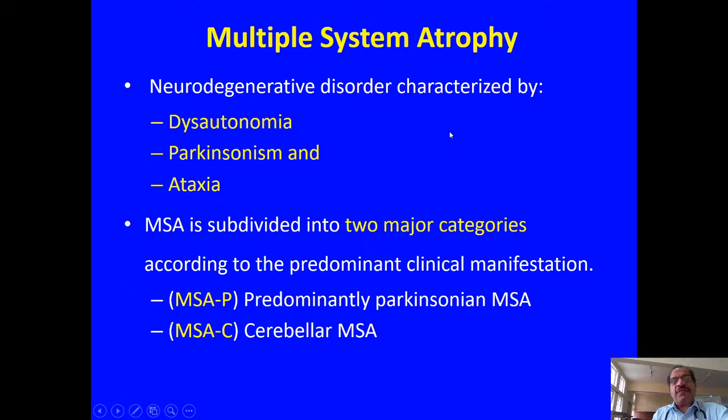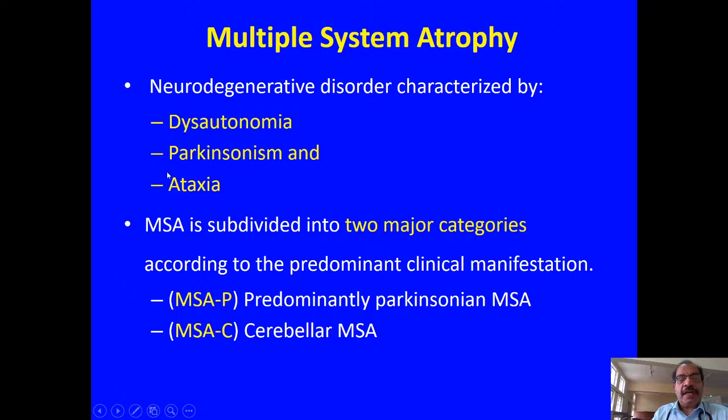It is not because of some infection or inflammation or vascular problem. So the usual feature of multiple system atrophy, or MSA, is dysfunction of the autonomic system. So the various manifestations will come. As I mentioned, it may affect the gastrointestinal tract, urinary bladder, sexual functions, or blood pressure, etc. And other features will be Parkinsonism, which I have already discussed.